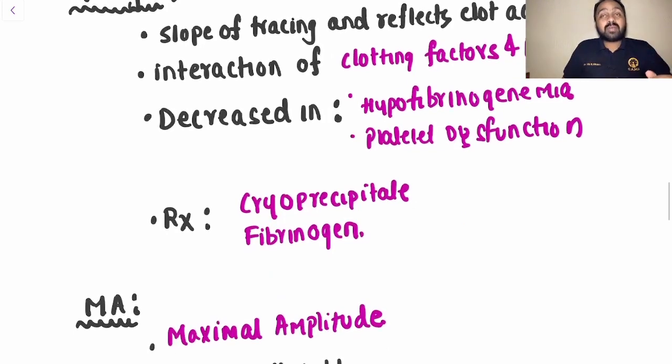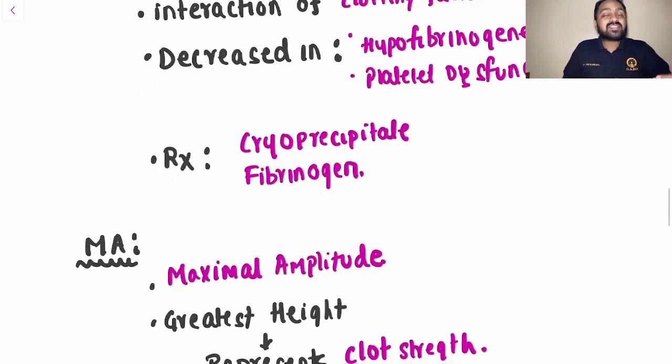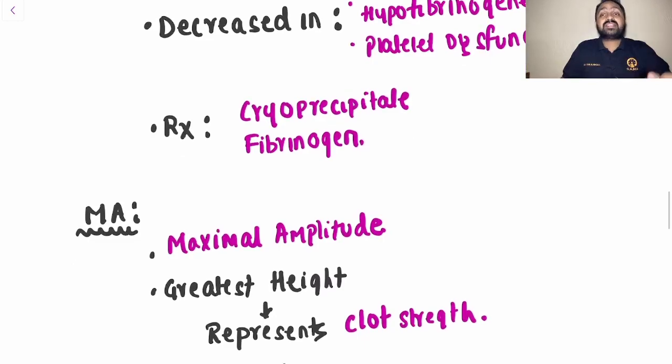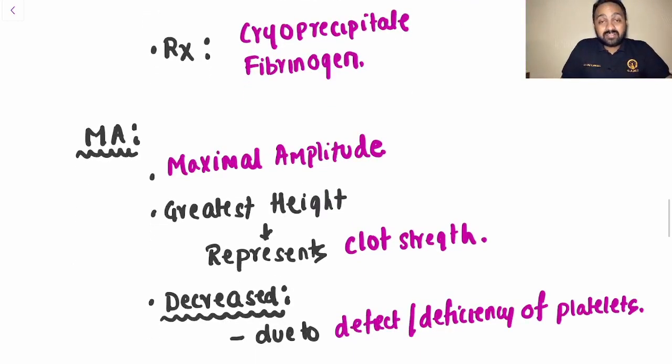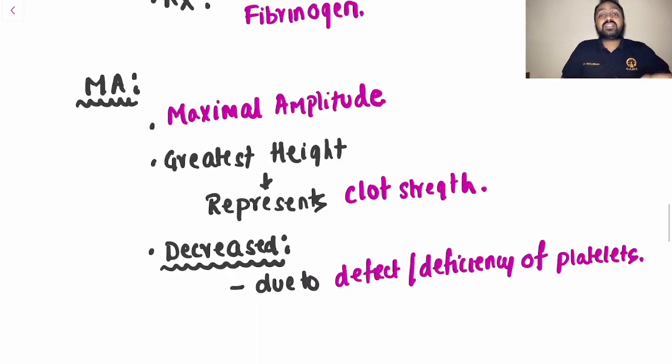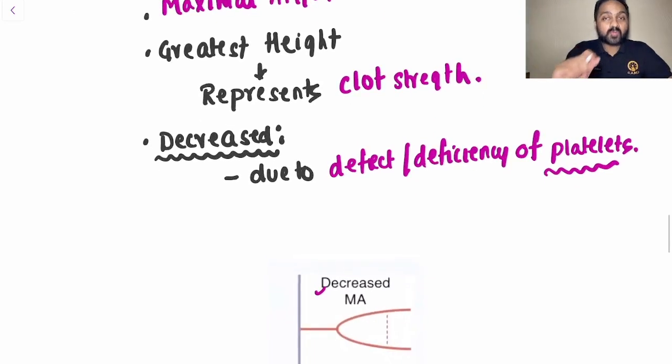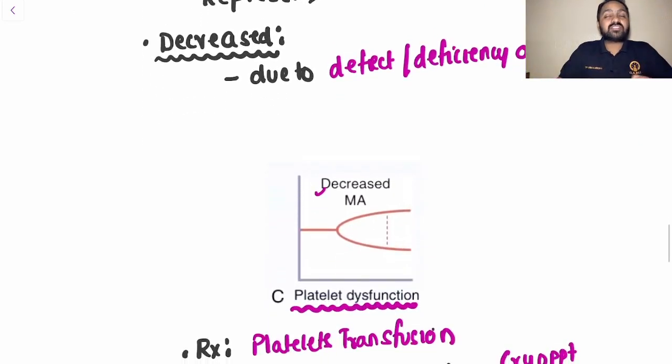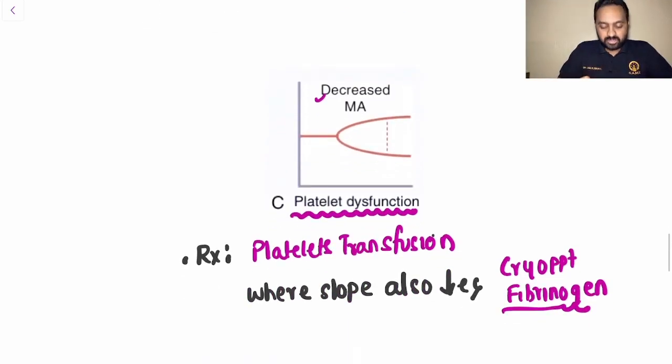Now MA is your maximal amplitude. This is the greatest height which determines or represents the clot strength. Now decreased MA is due to the defect or the deficiency of platelet. So you would be requiring in your treatment your platelet transfusion. But in the cases where your slope also decreases, in such cases you would need to administer cryoprecipitate and fibrinogen.